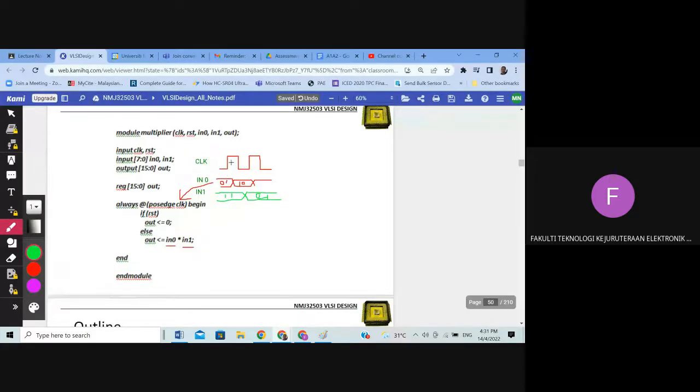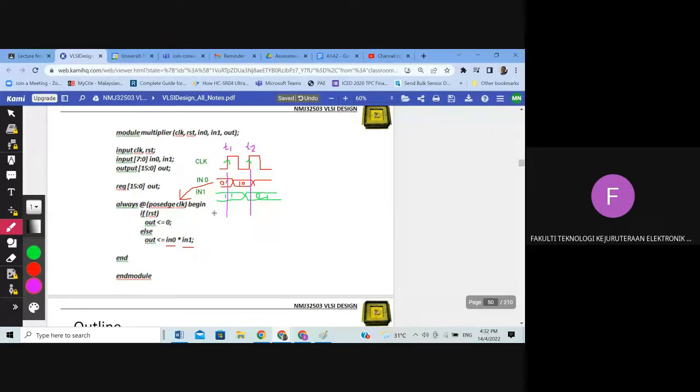When we have a clock, positive edge means that on every rising edge of the clock, the operation of the multiplication will happen. During the first rising edge of the clock, which we call T1, and the second, T2, the operation will happen.